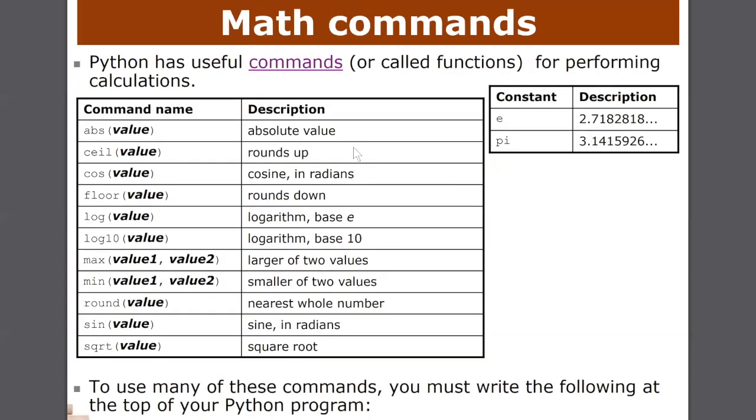So here are some basic math commands that you have in Python. We have absolute value. It just turns whatever you pass in here to a positive number. Ceiling rounds up, so like 5.4 will become 6, etc. You can see that these are all the different functions that the math library provides for you in Python.